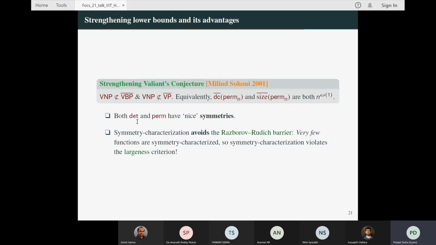So there is a set of symmetries which will uniquely determine the determinant. There is a set of symmetries which will uniquely determine the permanent. And this property, symmetry, is something nice, because very few functions have nice symmetries.